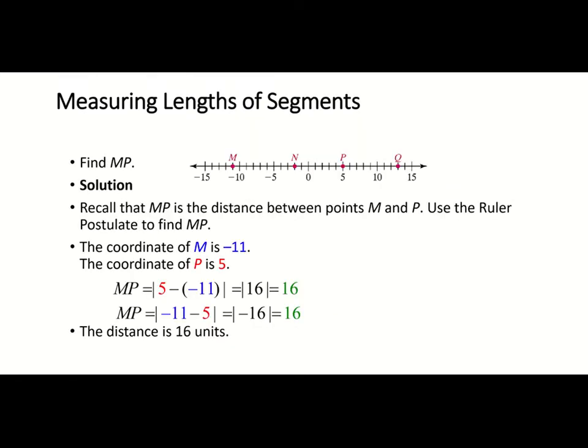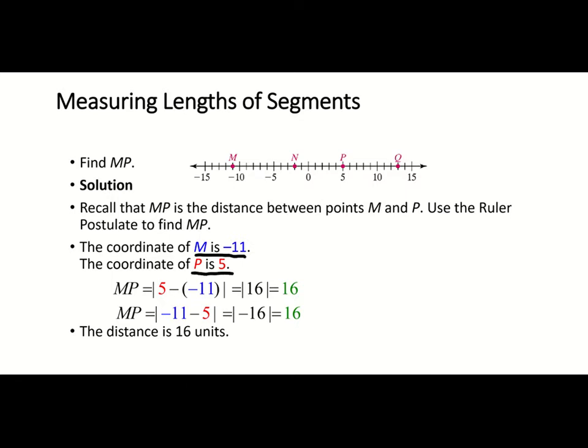All right, so here they want us to find the distance between MP, or the distance between points M and point P. If you take a look, they kind of helped us out here. M and P are both on a number line. The number that corresponds to M is -11, and the number that corresponds to P is 5.